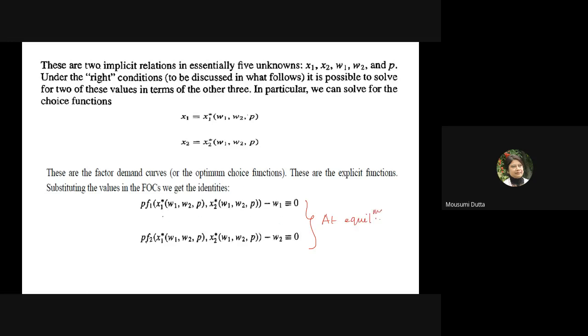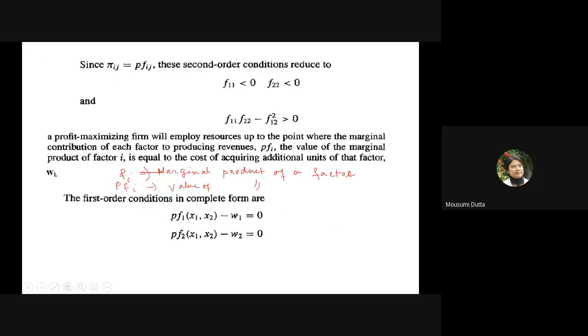Because these x1 and x2 are not any x1 and x2. These are the typical x1 and x2 for which you solve the equations. These are these typical values. So we are replacing the general x1, x2 by these profit maximizing values. Okay. So this is the difference between the two equations.